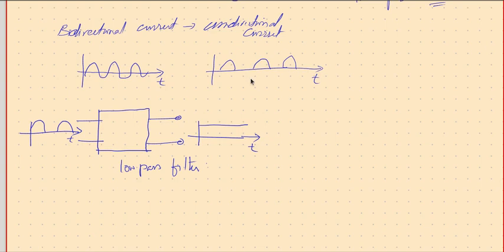If you just look at this waveform, we can see that all the time the output voltage is either 0 or above 0.